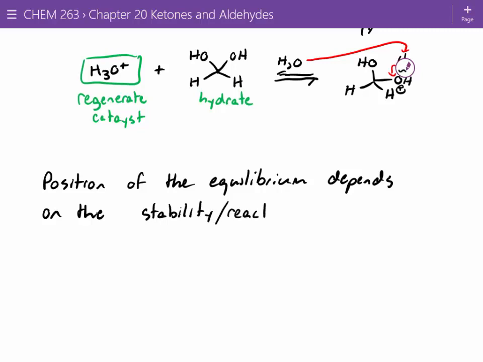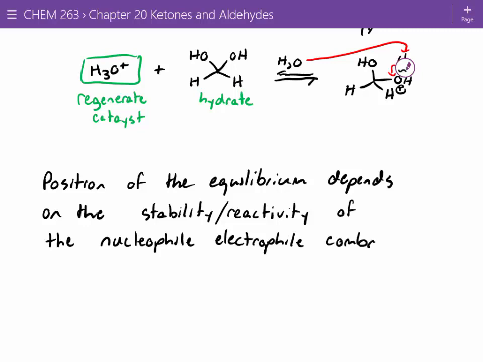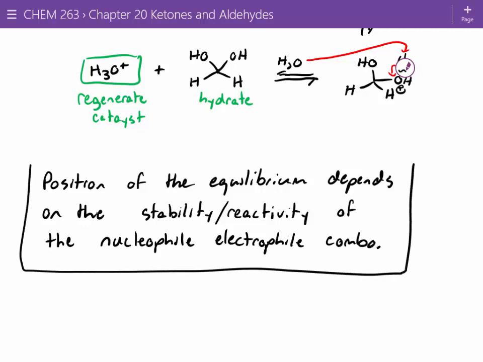You can think of those as being similar concepts. Of the nucleophile-electrophile combo. So in the case of the Grignard reaction, where we have a really strong nucleophile, it'll favor the products. If we have a really strong electrophile, it'll favor the products. But if we have a weak nucleophile and a weak electrophile, oftentimes it'll just stay mostly at the starting material side. So that's an important distinction there.